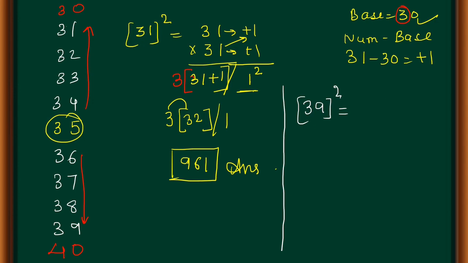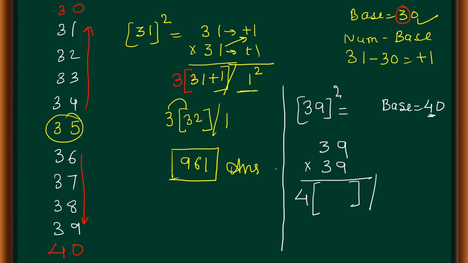If you're getting confused here, I'll write it like this. So base is equal to 40, which means you're going to write down 39 multiplied by 39. Because it is 40, you'll write the 4 here, then put a box here, then a dash, and here you can write only one digit, so you'll give one dash, correct?